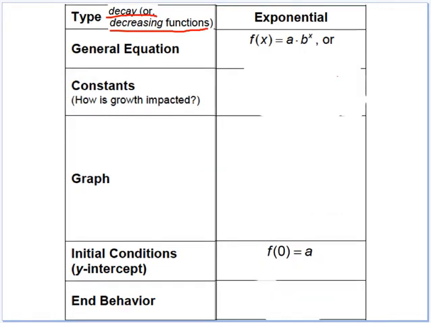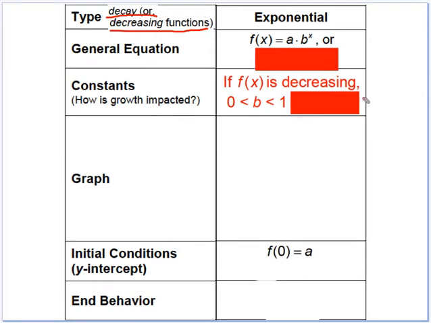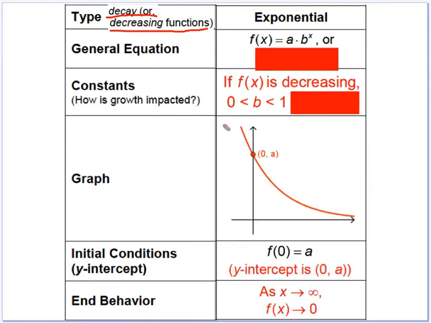Okay, now the exponential decay is very similar. Again, I've blocked out the extra stuff because we don't need it. This time, obviously, you're decreasing, and anytime your base number is between 0 and 1, so like a fraction or a decimal, then you're going to have an exponential decay, or you will have a decreasing function.